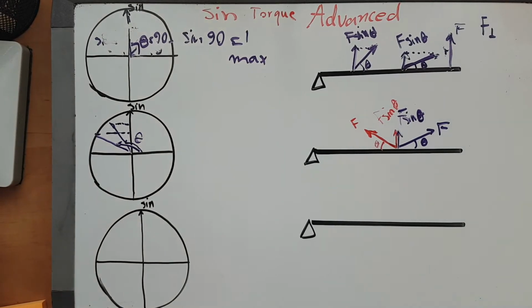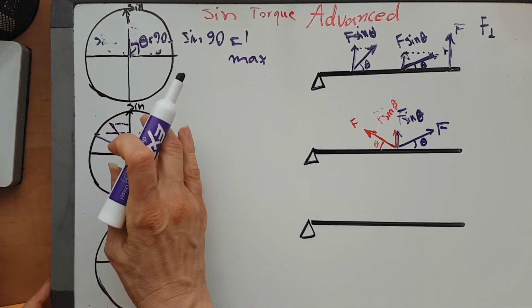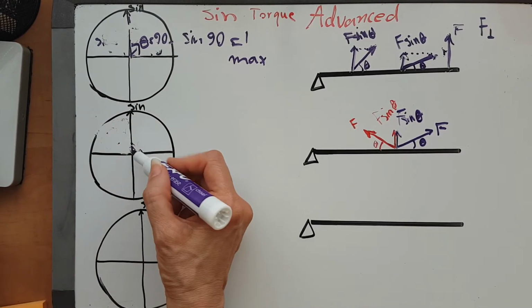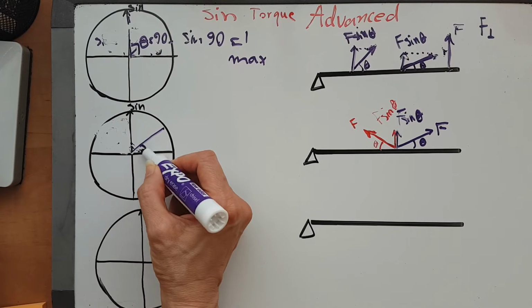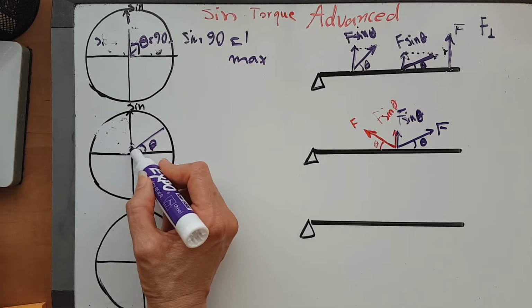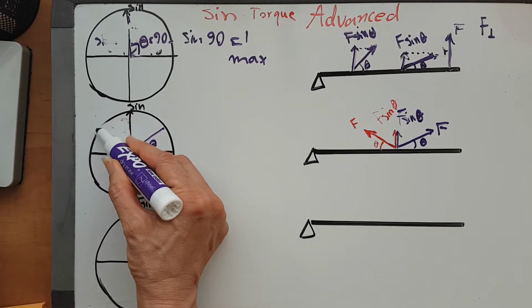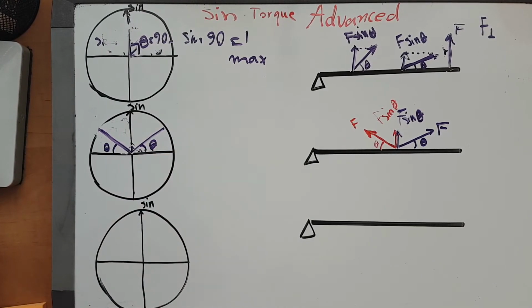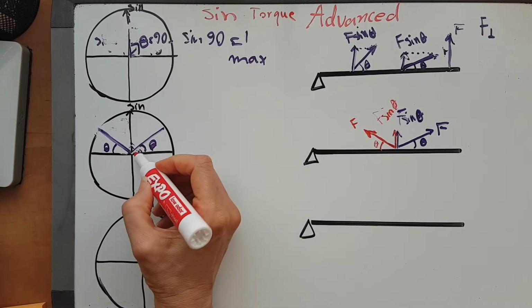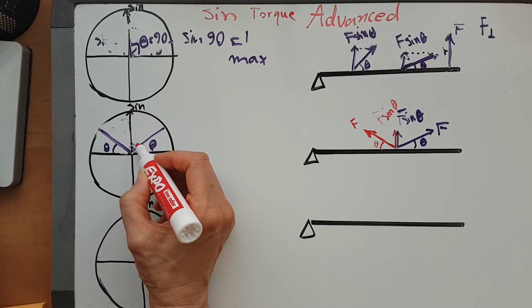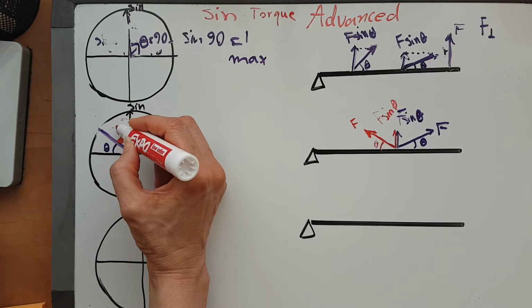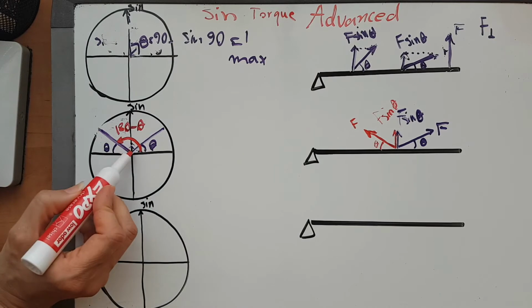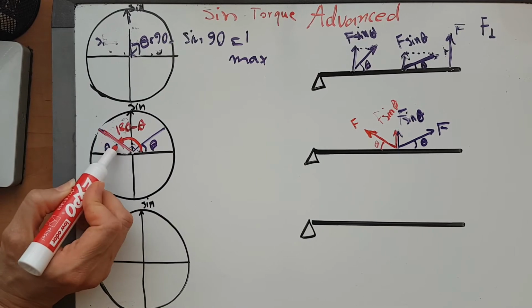Why is that? Remember this that you have learned in your trigonometry. This is theta, and this other angle is 180 minus theta.